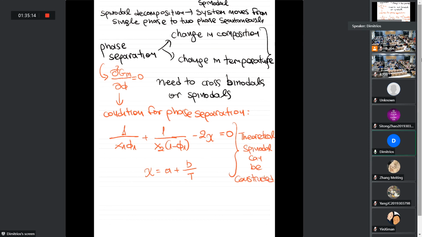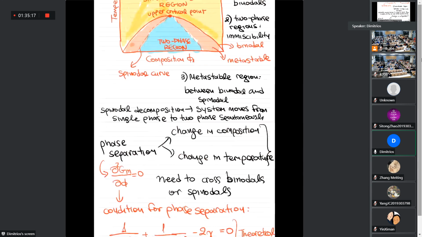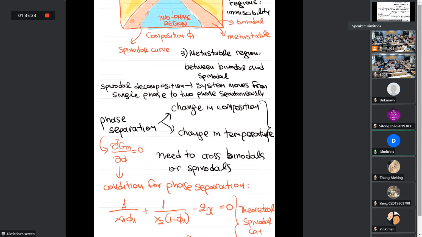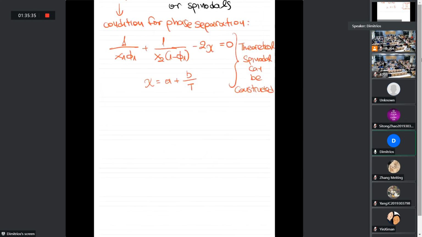Okay, and also in order to know the critical composition, in order to pass from a two-phase region to a single-phase region, the critical compositions are these ones, okay? In order to find that, we need to take the third derivative of the Gibbs free energy to be 0.